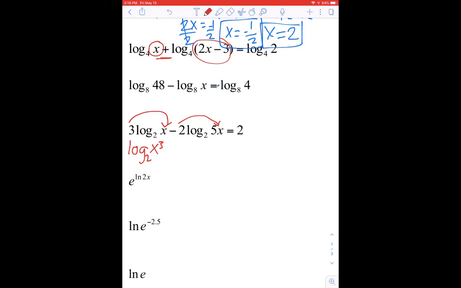It's actually this whole thing squared, so it's going to be minus 2 log of 2, and then 5 squared is 25, and x squared is x squared, okay, equals 2. So I condensed the 3 in the front back into the problem.